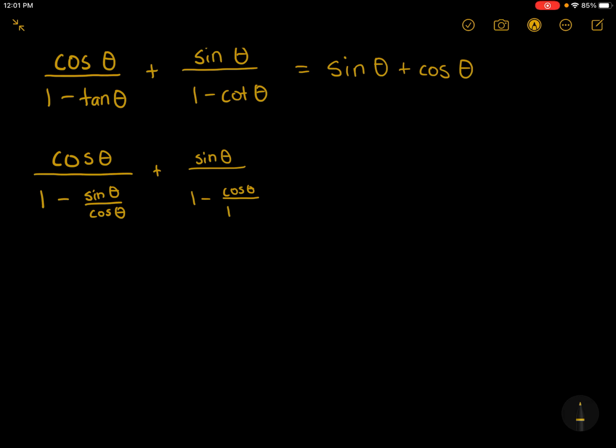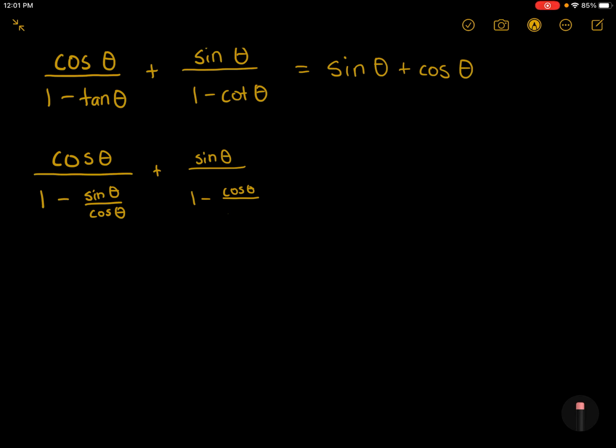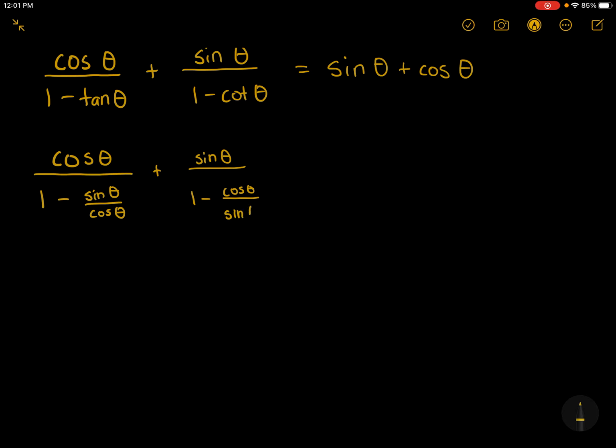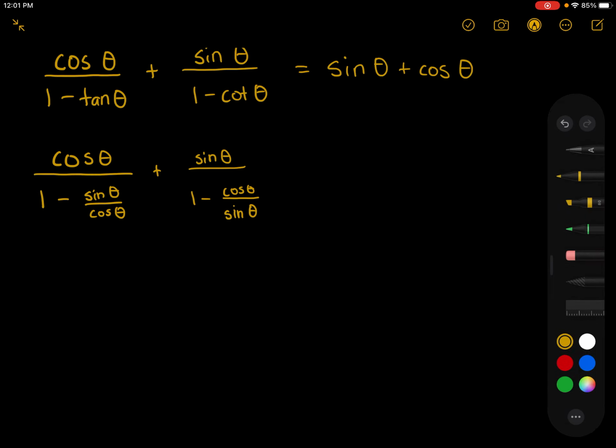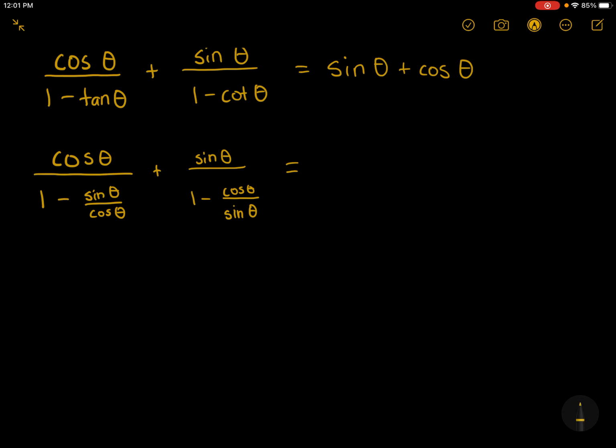So cosine theta divided by, we'll make that sine theta. So let's do our steps in different colors so that we can see where we're actually making changes. So here, that's just going to equal the same thing.